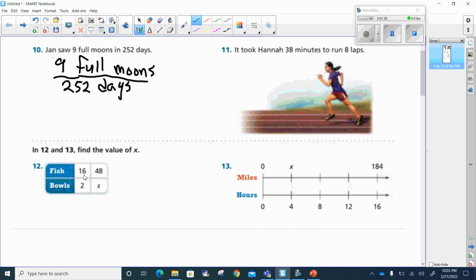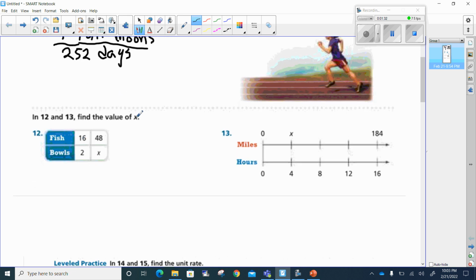All right, number 12 is next. It says find the value of x. So we have to figure out what this is. We need to see what the ratio increase was. So I could take 48 and divide it by 16.